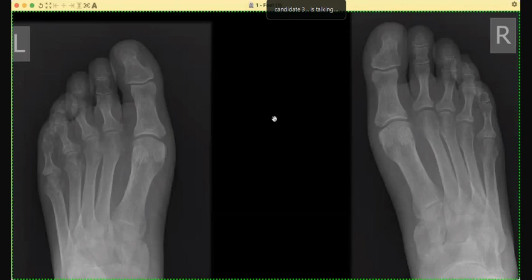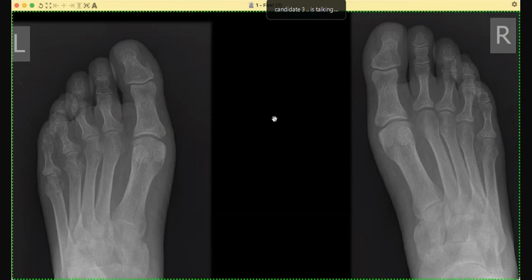But I'm searching for whether there is associated soft tissue swelling, but it's not evident here. Now I'm searching for the other joints if there is associated abnormality.